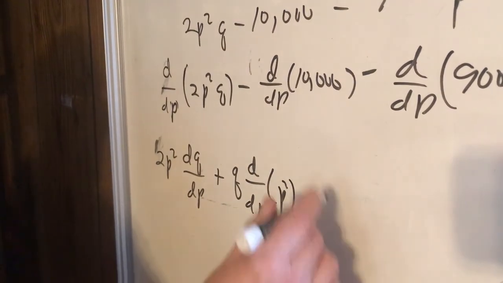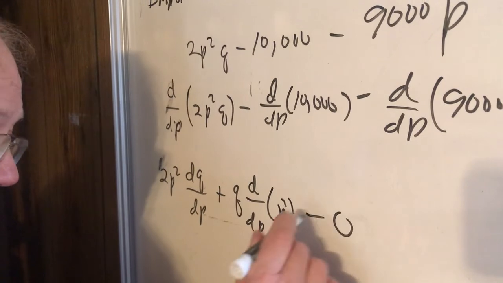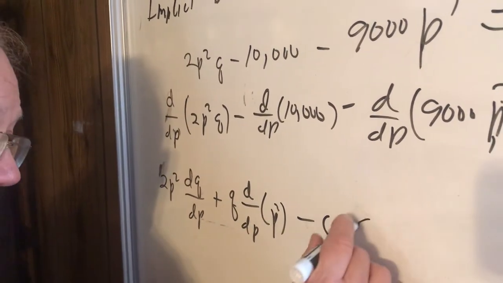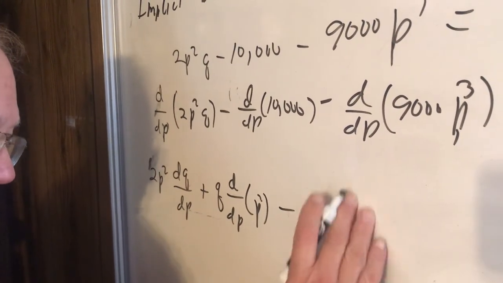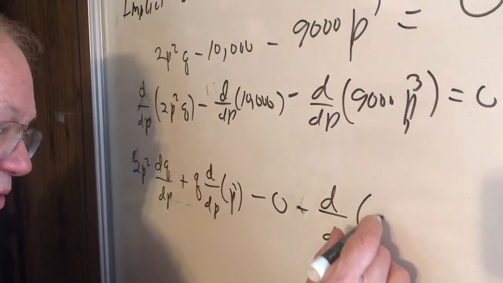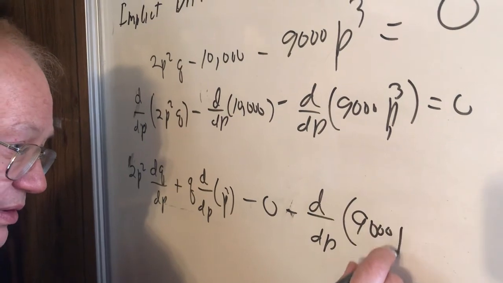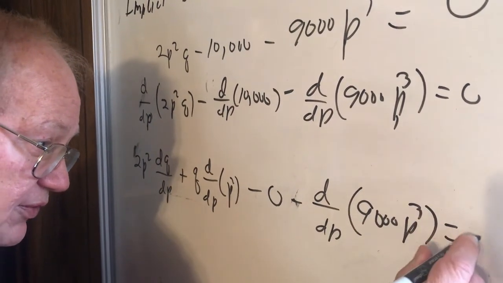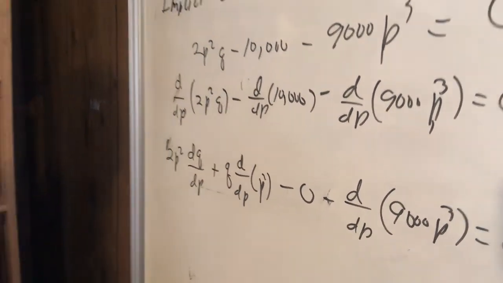This we know is going to become 0. And we're going to have minus d/dp of 9,000 p cubed equals 0, and we'll return in the next 15 minutes.